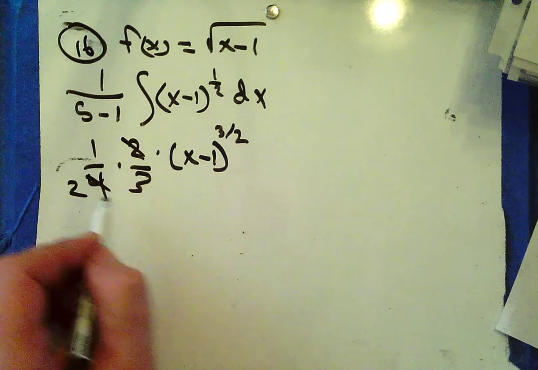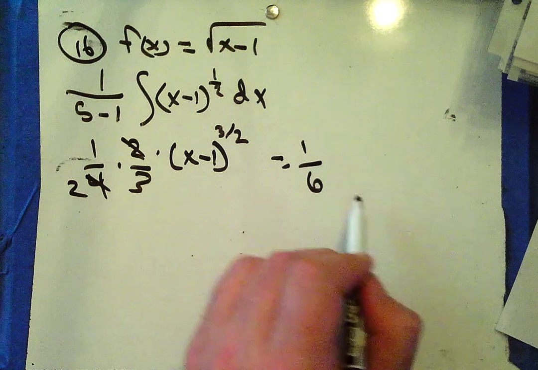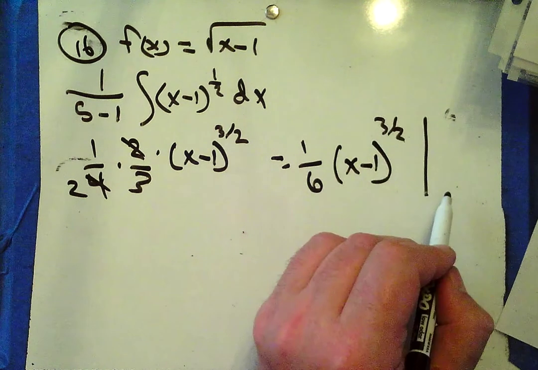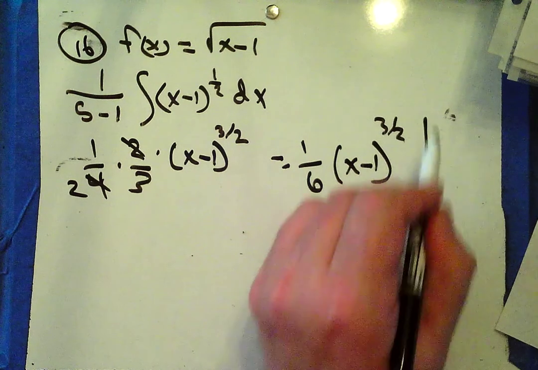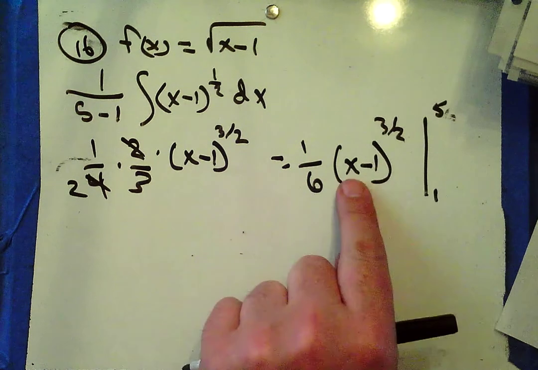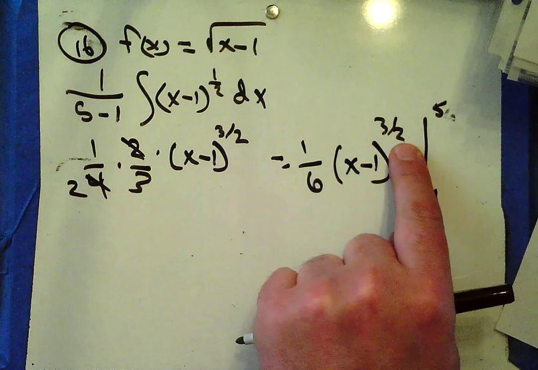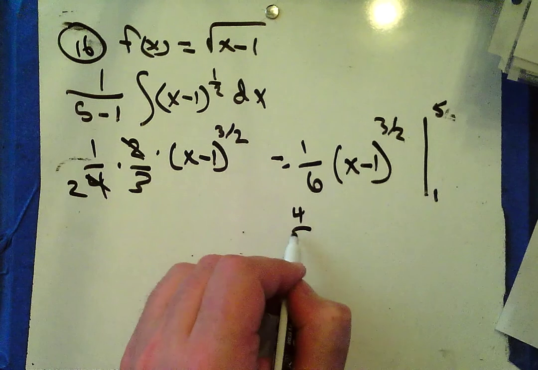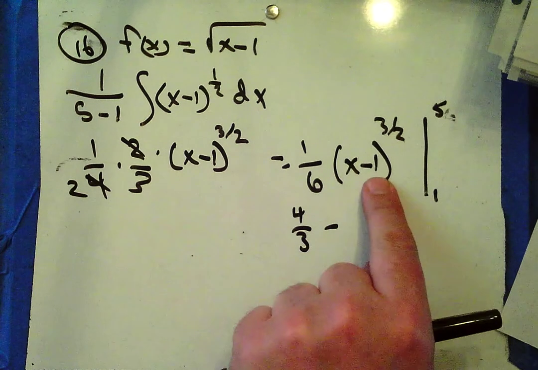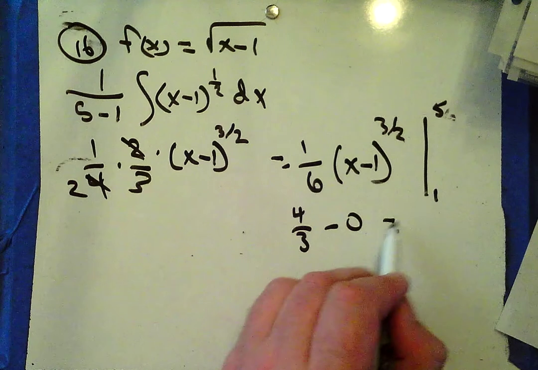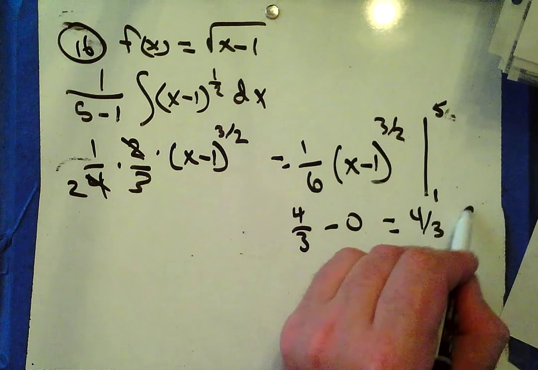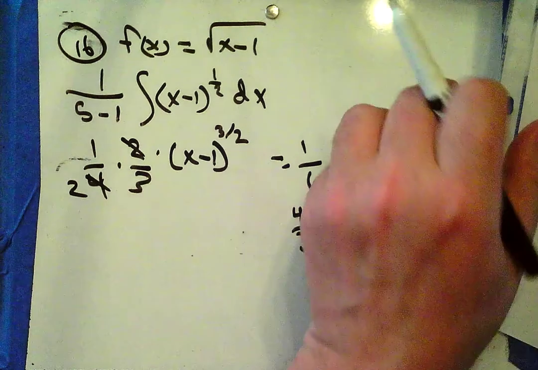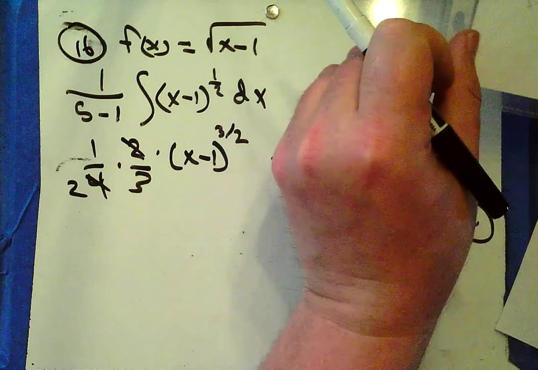We can cancel and get 1/6 times x minus 1 to the 3/2, evaluated from 1 to 5. 5 minus 1 is 4, square root of 4 is 2, 2 cubed is 8, 8 over 6 is 4/3, minus 0. So 4/3 is the average value, and that's choice C. Choice C for number 16.